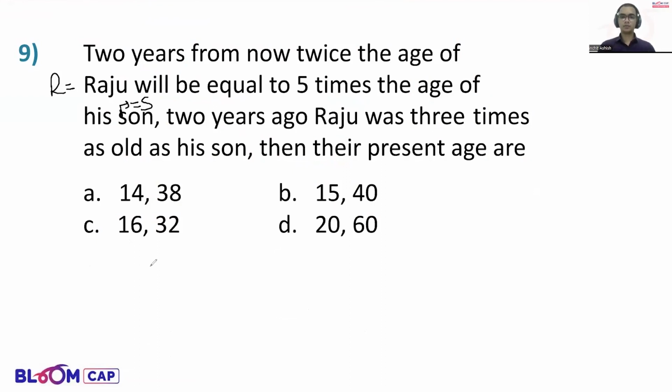2 years from now, twice the age of Raju will be equal to 5 times the age of his son. 2 years from now means R plus 2.